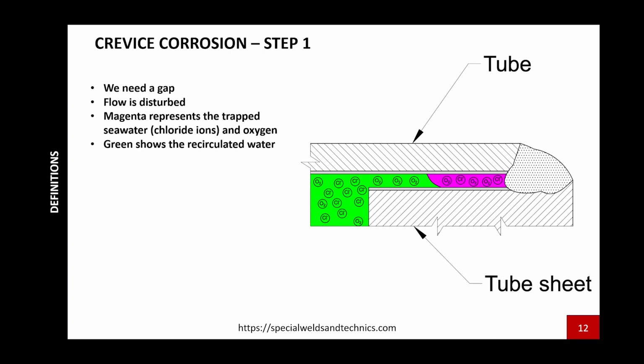The flow in the shell side is actually disturbed because there is a tiny area in the tube sheet connection where we have trapped seawater. And this trapped seawater contains a lot of chloride ions and some oxygen. And this is going to be the problem at step 2.